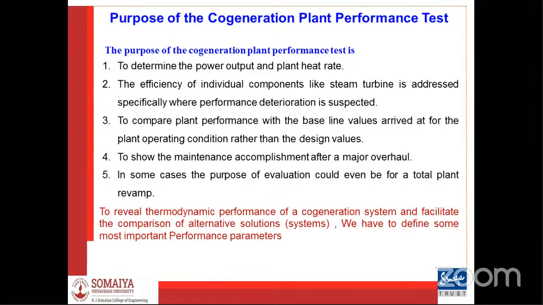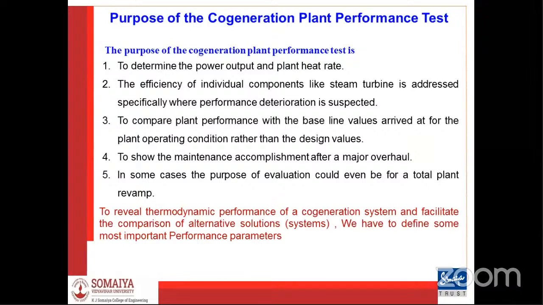But if my BSFC comes around 1 kg per kilowatt hour, then I can convince the owner, look, the engine is consuming more fuel. It is rated for 0.24 to 0.45. Now it is taking 1 kg per kilowatt hour of power generation. Then better you either change the engine or you have to go for major maintenance of the engine.